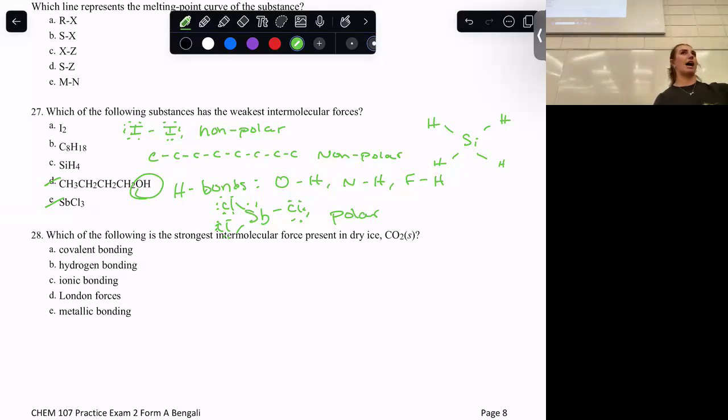So do we want a high molecular weight or a low molecular weight? We want a low molecular weight because we're looking for the weakest interactions. Which one's our lowest molecular weight? C. Yep. Any questions on 27?